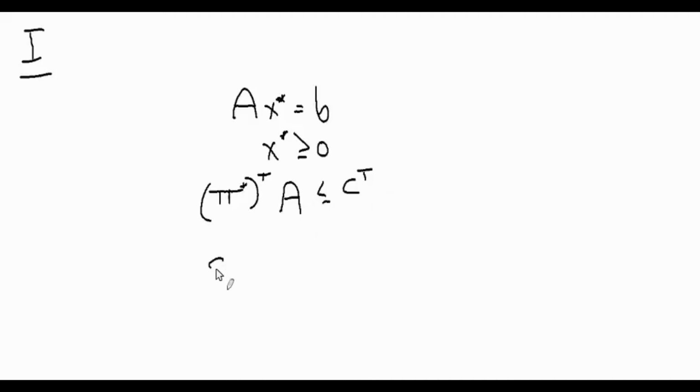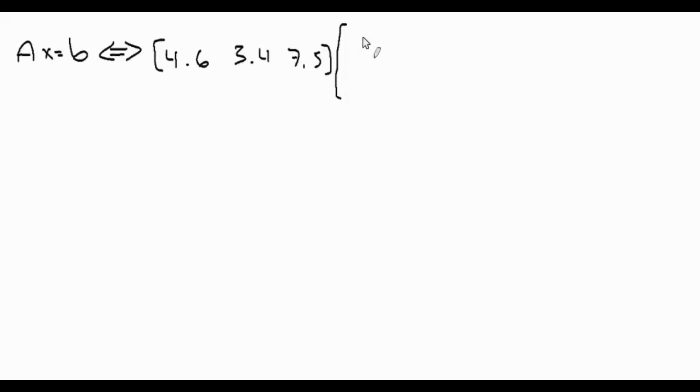And then c transpose x star is equal to pi star transpose b. So these first two are primal feasibility, this is dual feasibility, and this is strong law of duality. We just need to show that pi star and x star satisfy these conditions.